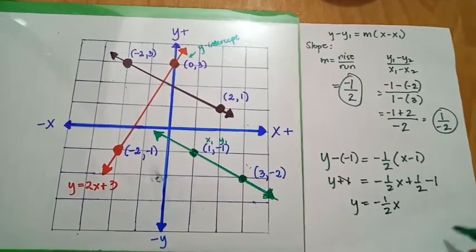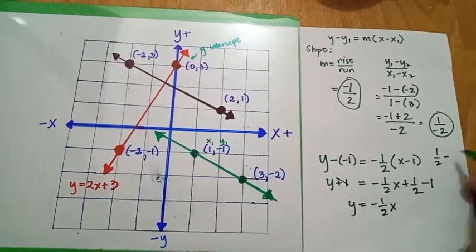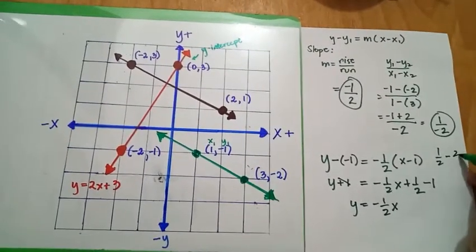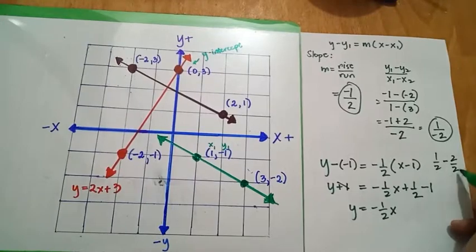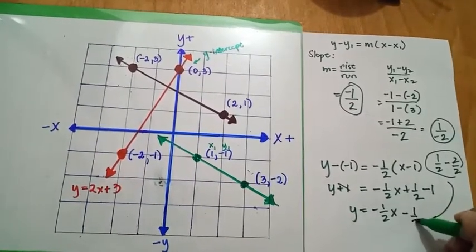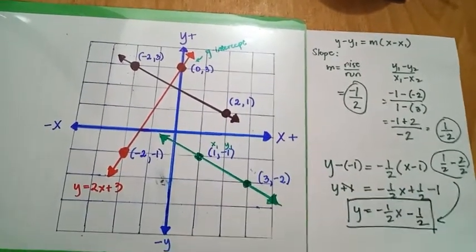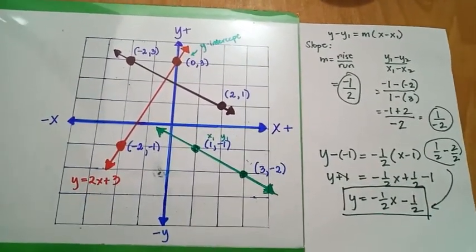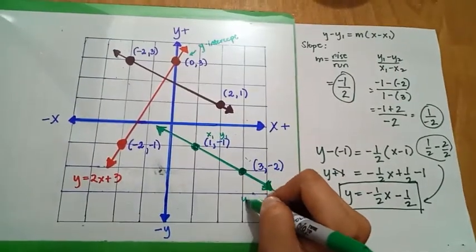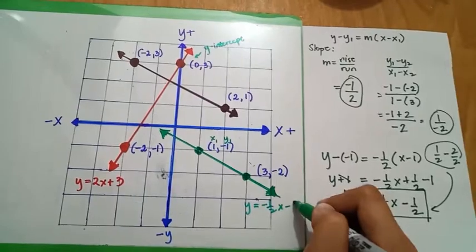Okay? So, itabi natin, we have 1/2 minus 1 will become 2 over 2. And therefore, will result to -1/2. And this will be the equation of the line. Okay? So, sulat natin, y equals -1/2 x minus 1/2.